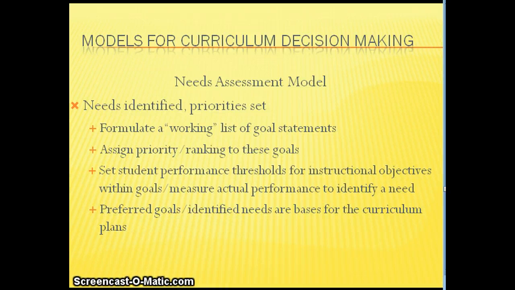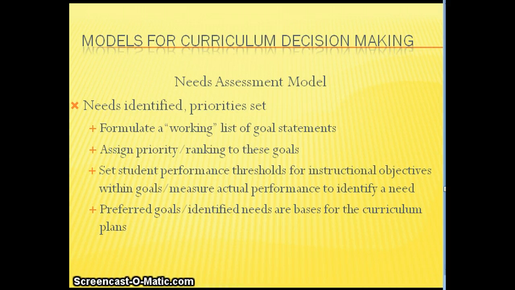Right. So a needs assessment model sounds like a very technical, structured way to make decisions about curriculum. But many of us probably work within a curriculum that was somewhat determined by a needs assessment model. They don't always fulfill their promises, or the process itself isn't always as cut and dry as it seems.